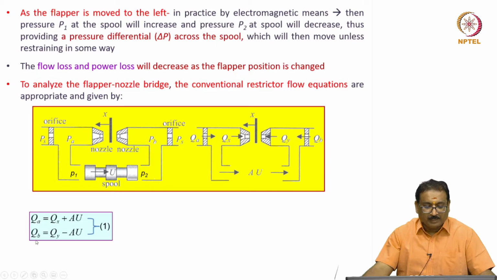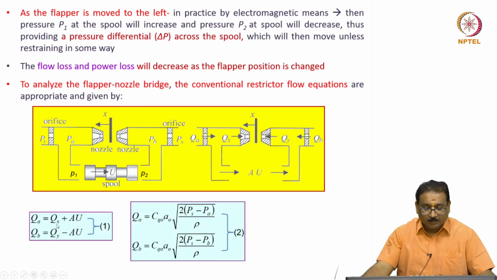you will see here the QA and QB. QX, this is plus A into U, and here proportionately the spool velocity is minus A into U. Then how to calculate the QA here? QA is the Cd A0 root of 2 (PS minus PA) divided by rho.